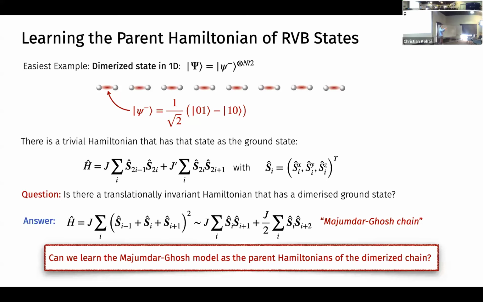X squared plus Y squared plus Z squared, they are all identity, so this gives you a minus 3. So the expectation value of H1 gives you a minus 3 halves times n. Right, H1 is done.